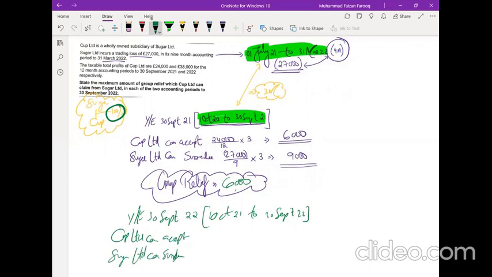But before moving forward, we have to find out how many months match here. How many months are completely matching? 6 months, correct. So all the working will be based on 6 months. Cup has a profit of how much?